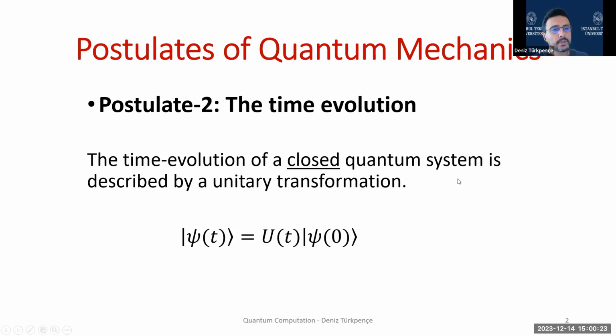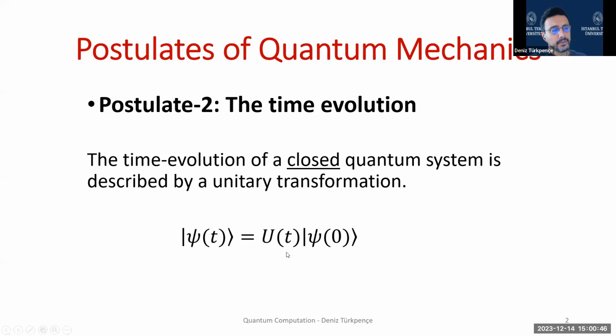In fact, we talked about the unitary operators in the previous lecture, and we had a small expression about that. We had an implication that unitary transformations are deeply related with time evolutions of quantum systems.